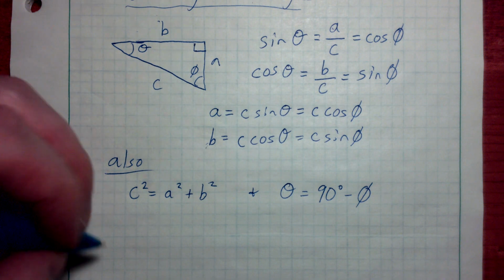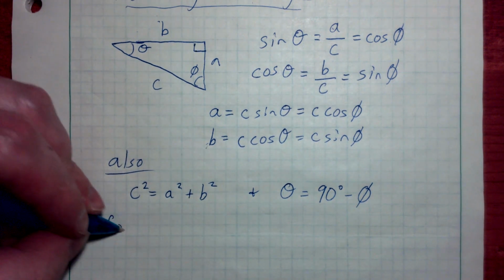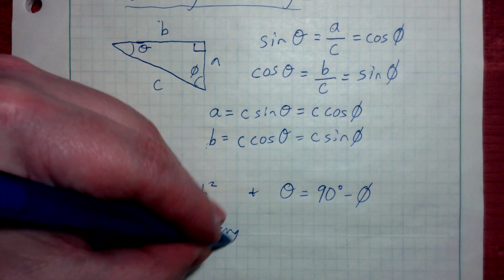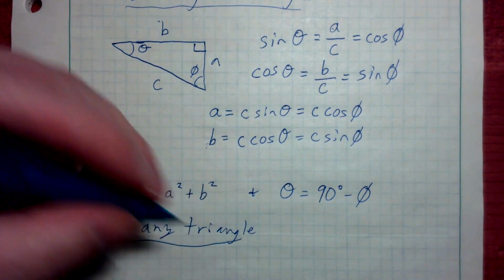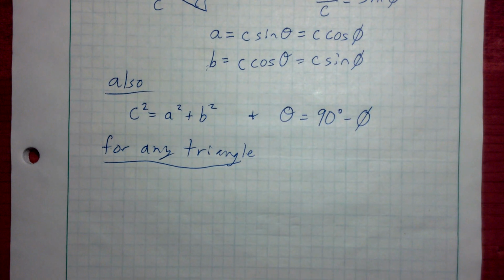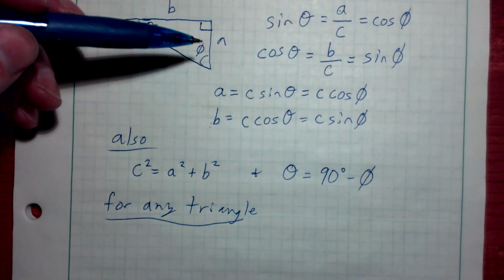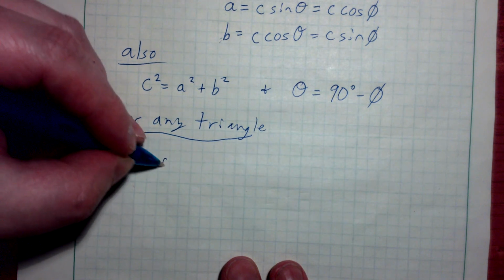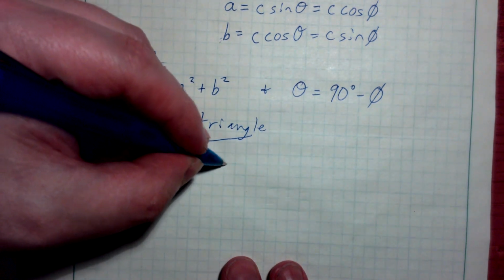Okay, I just want to throw in here also, for any triangle, doesn't have to be right. For any triangle, right? Meaning it's got a side up here at 90 degrees. But for any triangle, you have the law of sines.